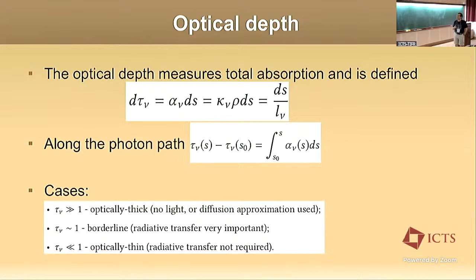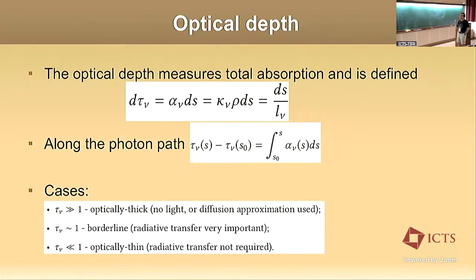And that's maybe the main reason why optical depth is really useful: it's easy to work with, it's a dimensionless quantity, and it tells you how thick the material is to the light, how much gets absorbed. And using the other relations, you can also write it in terms of opacity times the density times the path length, or as the path length divided by the mean free path.